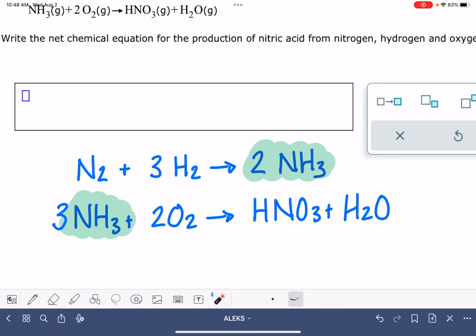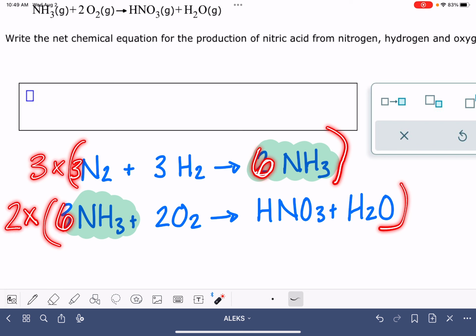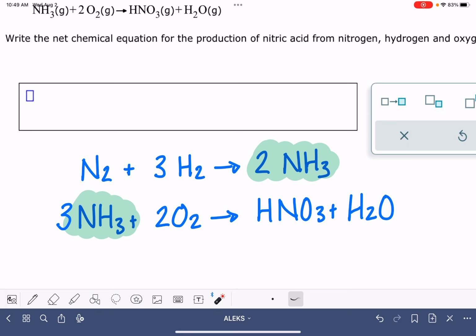In a case like this, you would need to change the stoichiometric coefficients for both of the equations. For the top one, I would multiply by 3 so that this coefficient would become 6. For the bottom one, I would multiply by 2 so that this coefficient would also become 6. Then, of course, I need to change all the other coefficients as well. That one is pretty tricky. That's not what we have in this case.